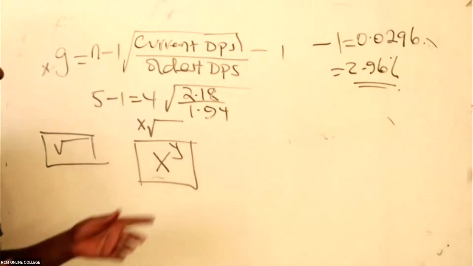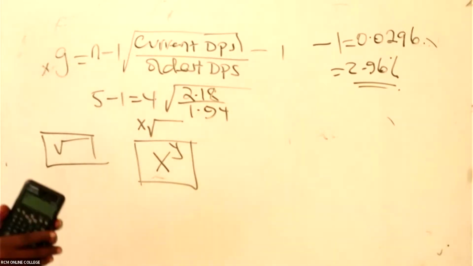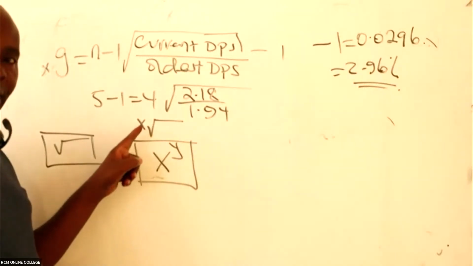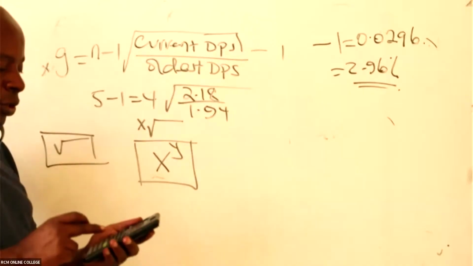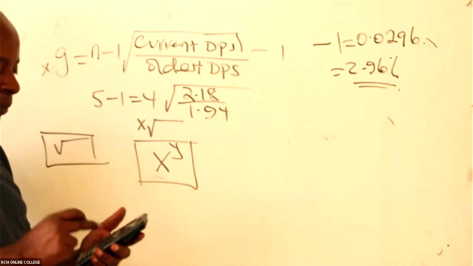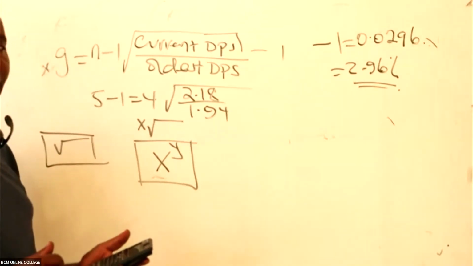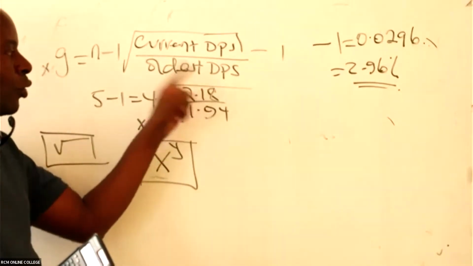Before I start using this x root, I will have to punch 4, because 4 is outside. The x root is a second function, so I have to shift. Then you open brackets, because if you don't, you won't get the root of the whole top number.